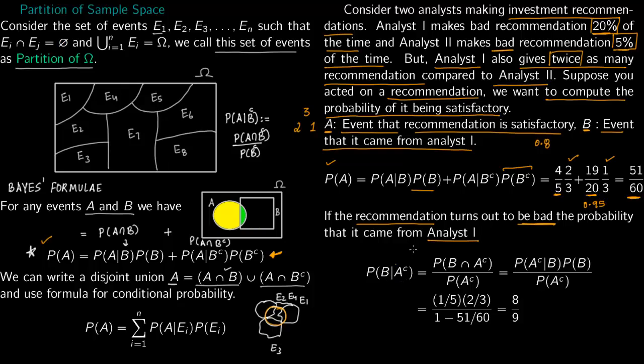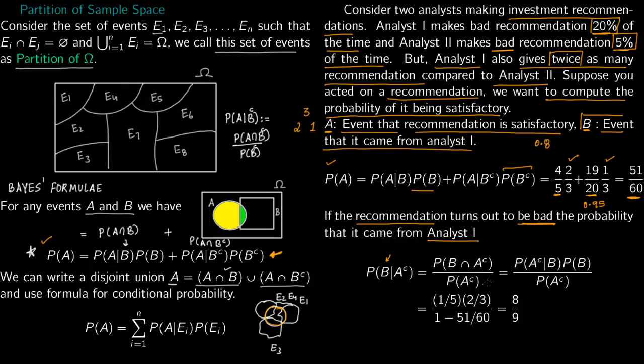So B is the event that it came from analyst 1, given that A complement, the recommendation is bad, because A is the event that the recommendation is satisfactory. So A complement is the event that the recommendation is not satisfactory, or you can say bad. So we want to find probability of B given A complement.